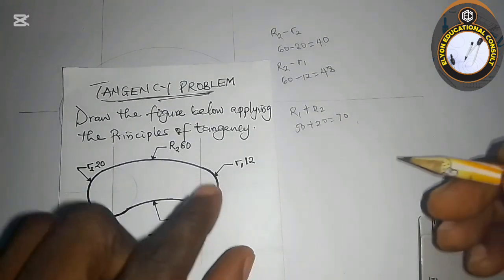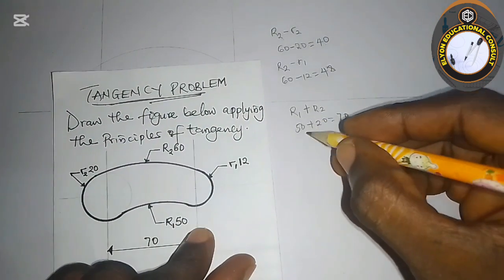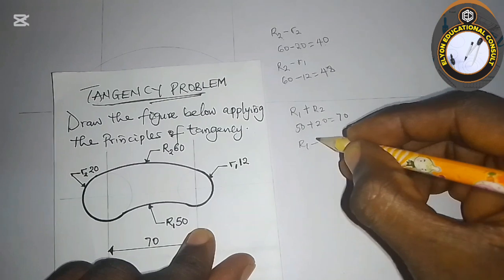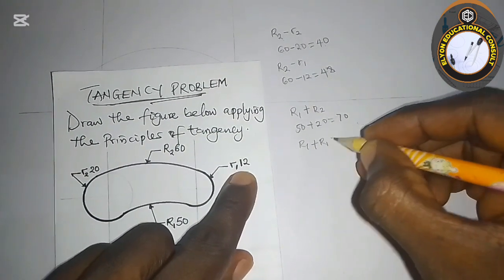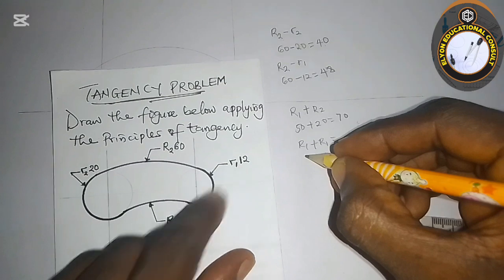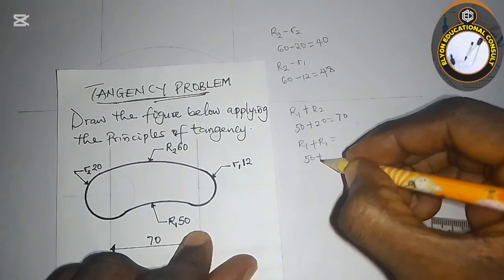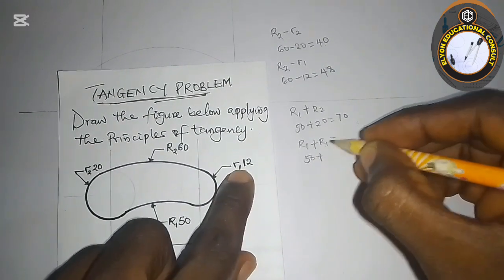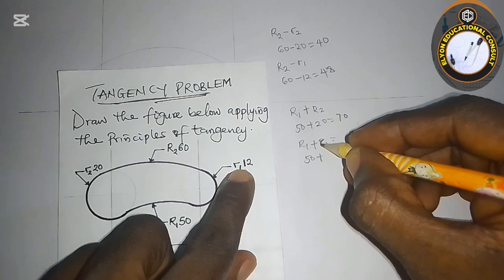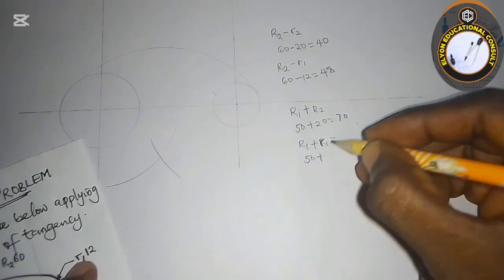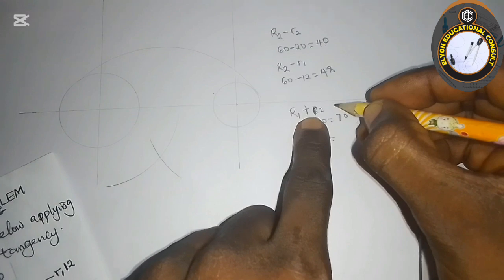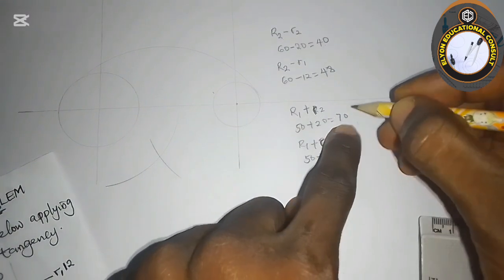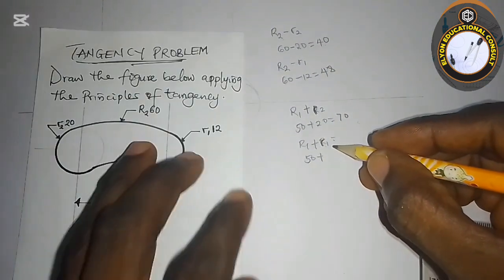Then for this other one here, it is R1 plus this small r1. So R1 is 50 plus small r1 here, sorry, this is small r. So this one will give us what now?